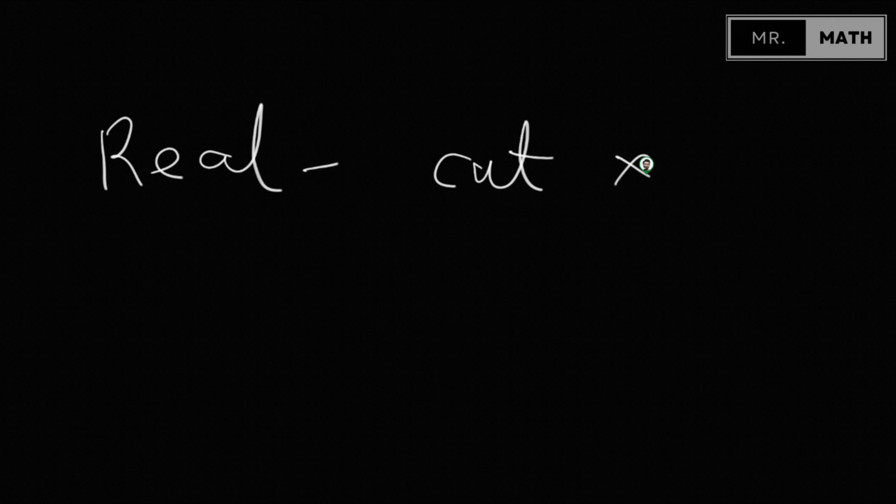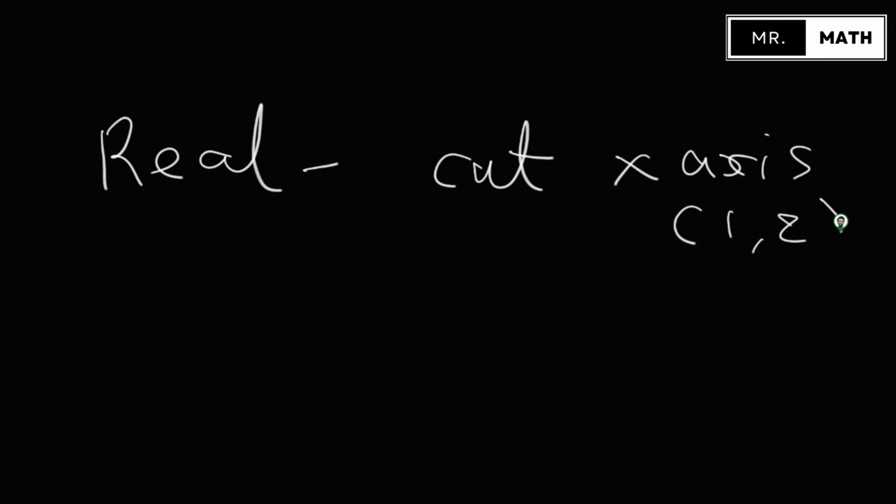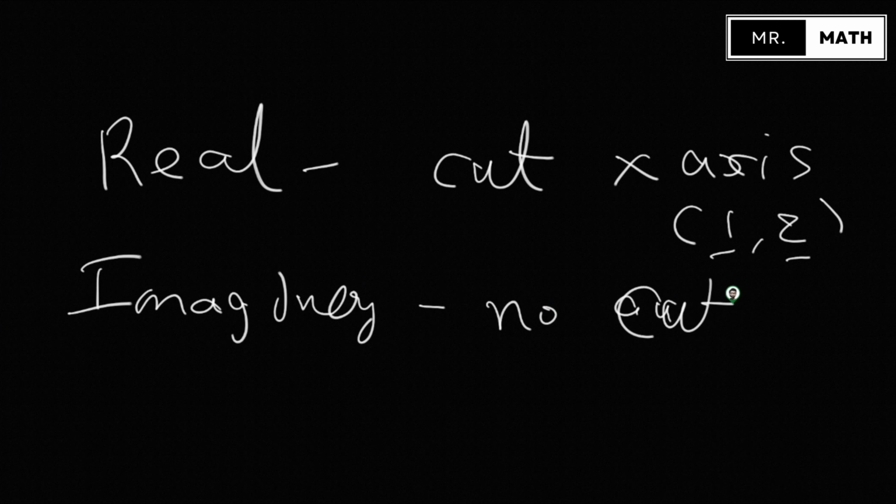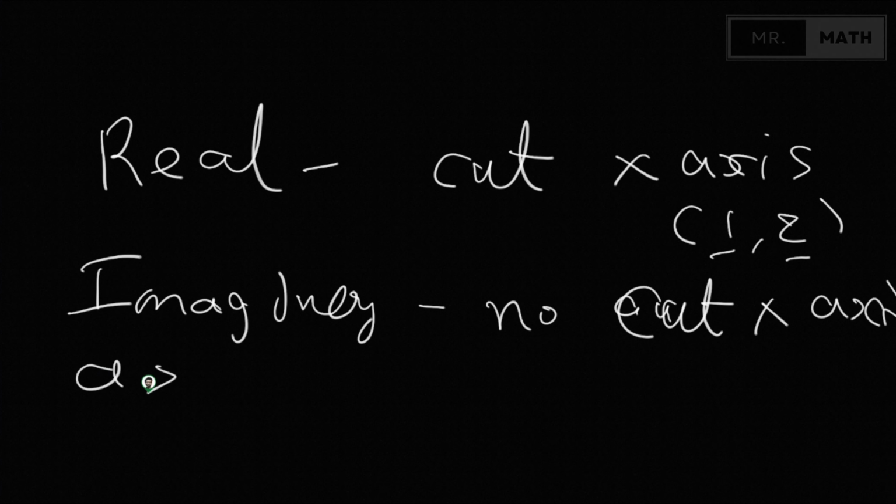So what you need to keep in mind is that if roots are real, the graph cuts the x-axis twice or once, based upon whether the roots are equal. If roots are imaginary, there is no cut of the x-axis, right?